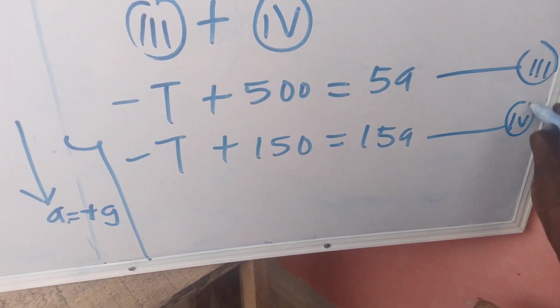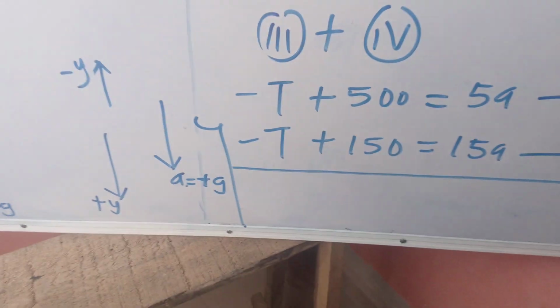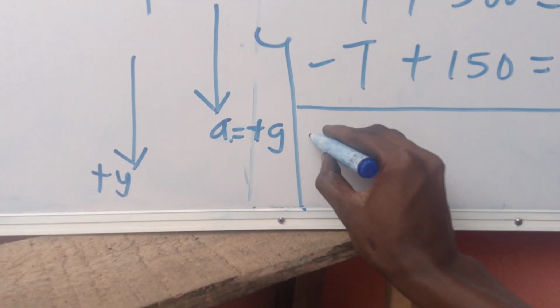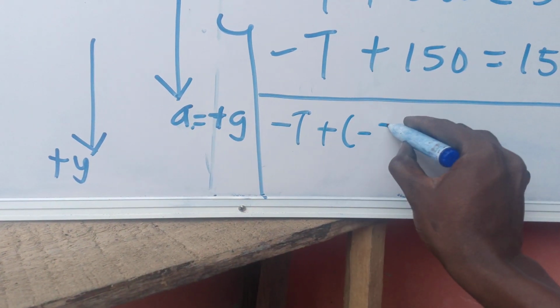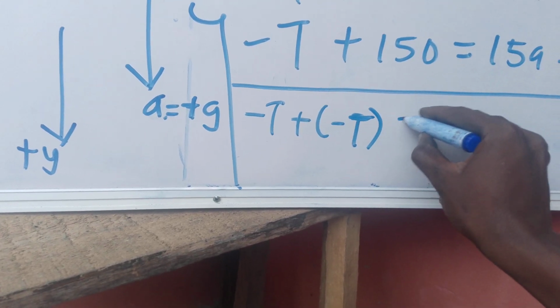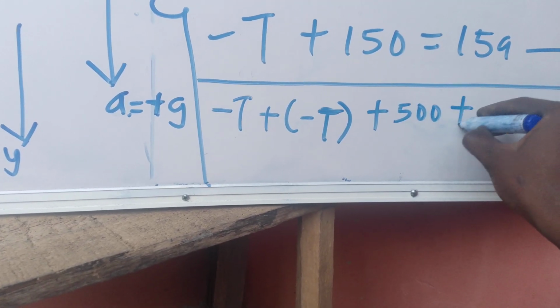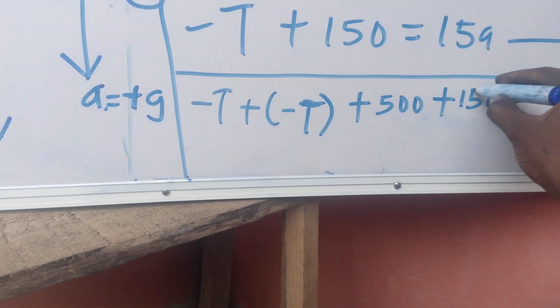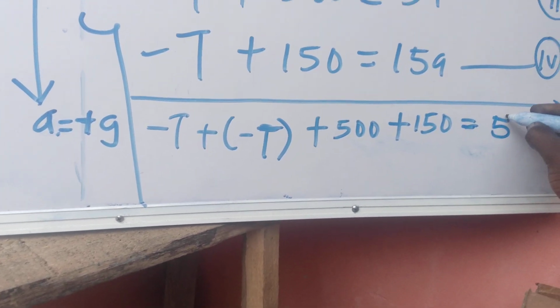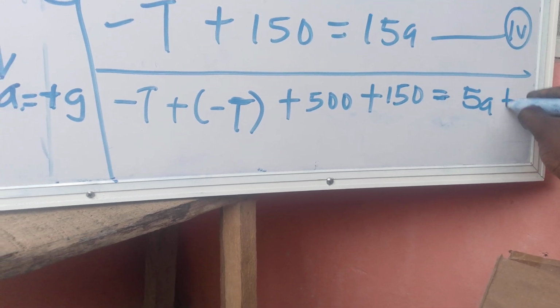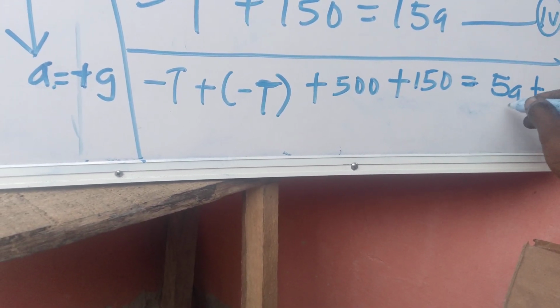So if I add them, we have minus T plus minus T, plus 500 plus 150, equals 5a plus 15a.